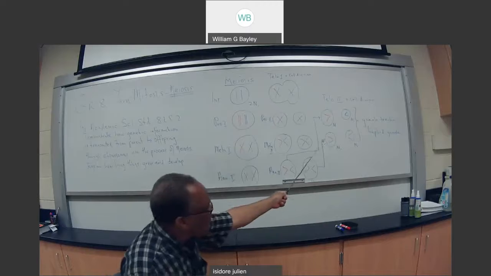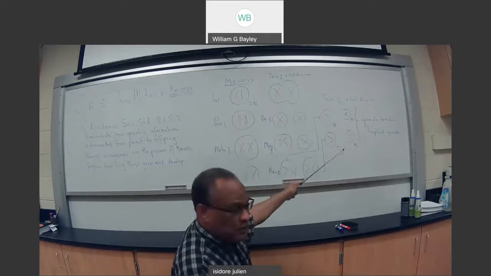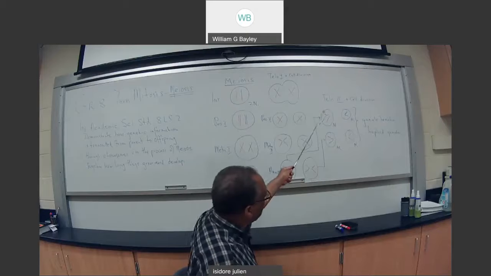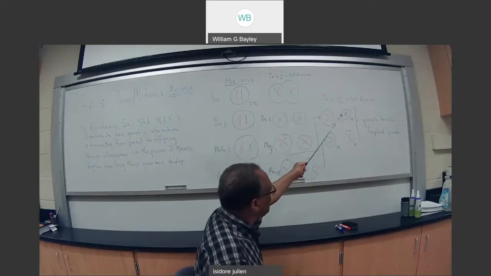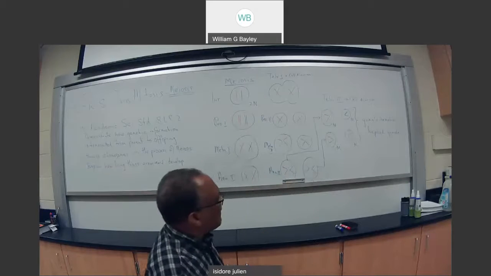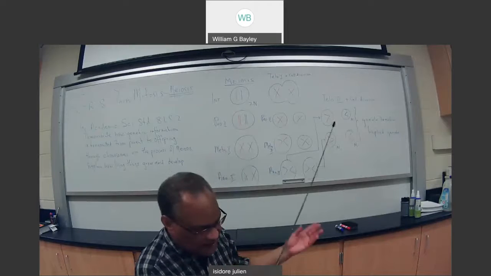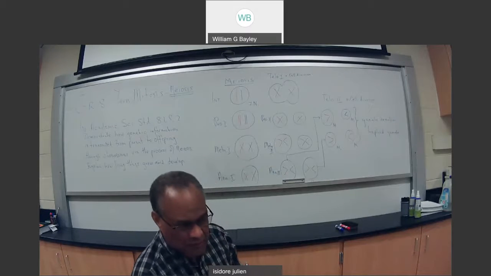So in female reproduction, notice we have here in this example, you have 4 haploid cells, or I say cells, but gametes that are formed.